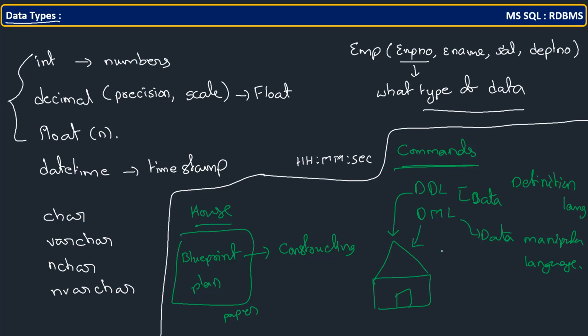That's it. The commands under DDL talk about the definition, meaning you need to construct the house or change the house. Sometimes you need to construct an extra room, and that is also definition.